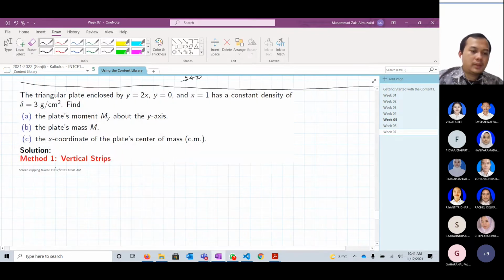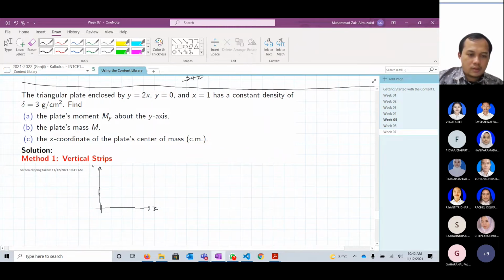The first method is by using vertical strips. What does it mean? If we have the graph like this, x, y, with y equals 2x, y equals 0 and x equals 1.